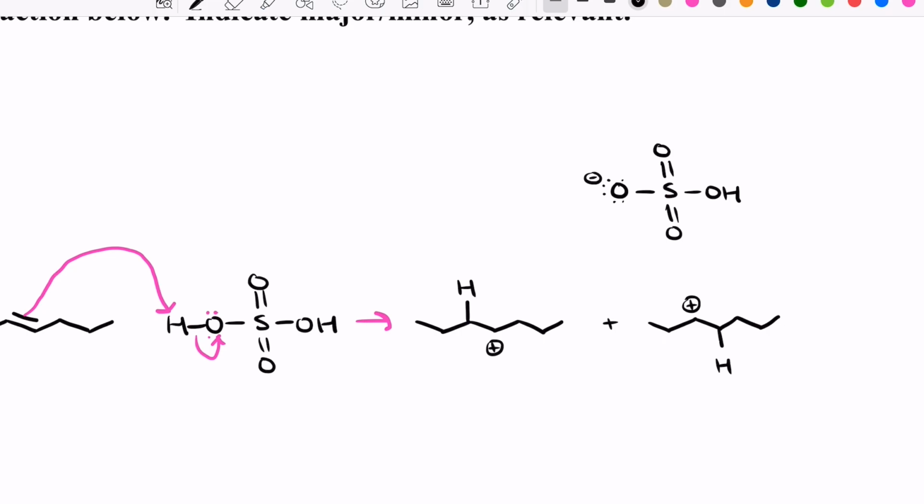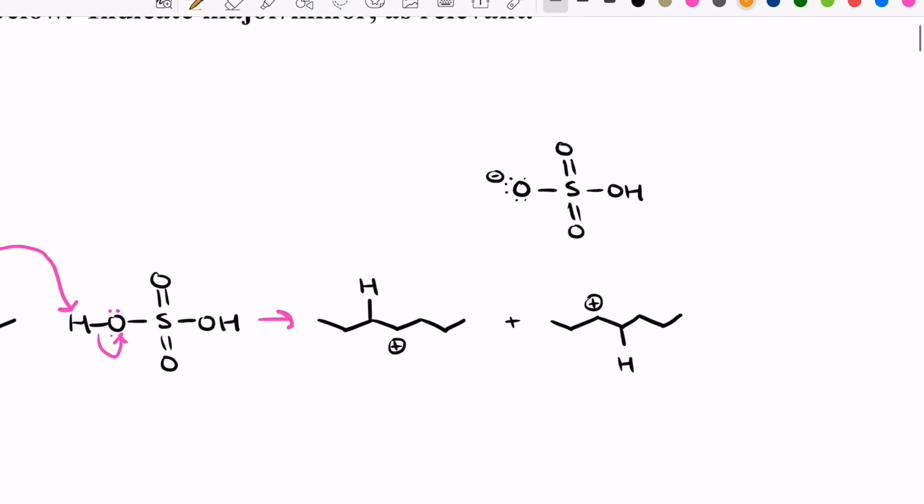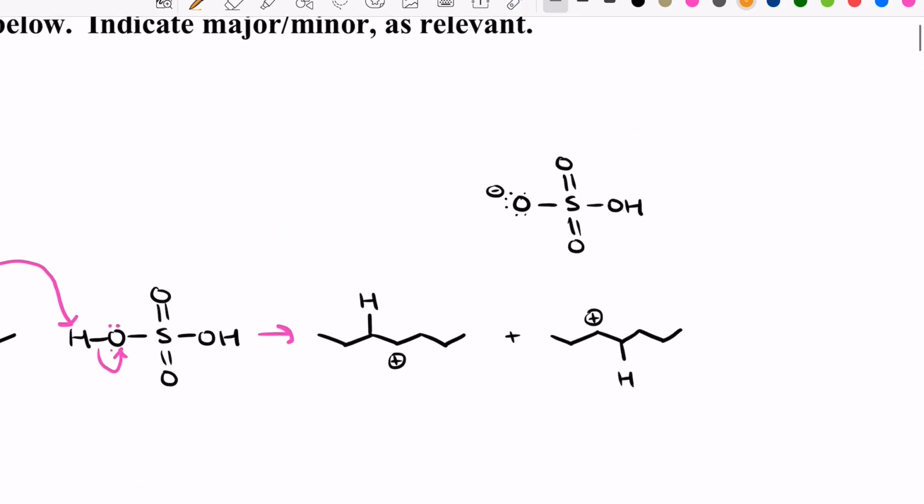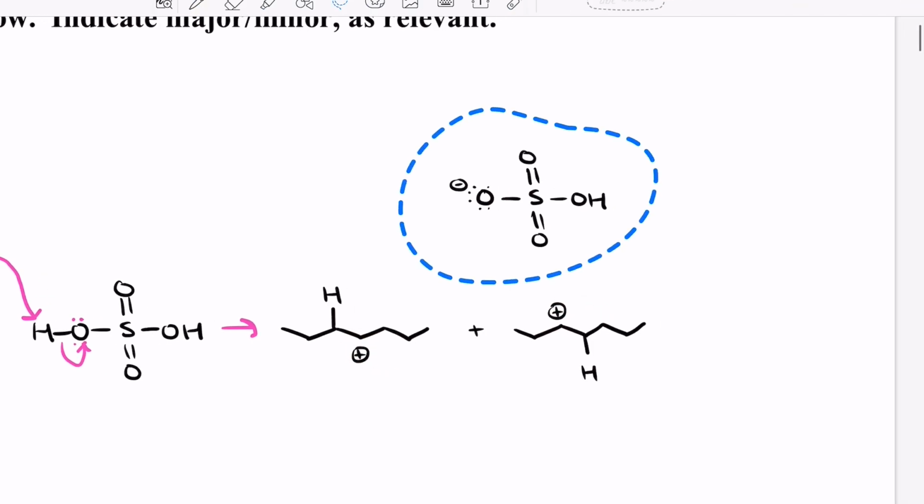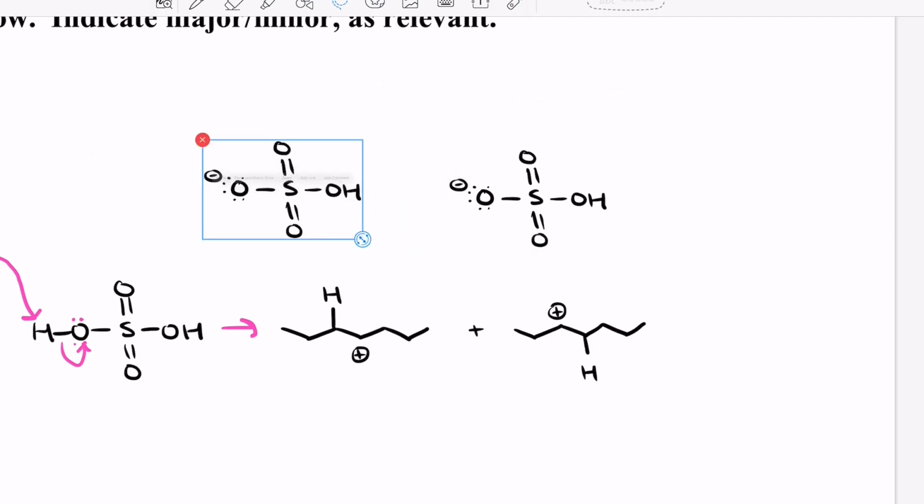Alright, from here, you have your nucleophile, which is our O minus right here. And then we have an electrophile, which is our carbocation. So I could redraw, here I'll just do this so it's easier for you guys. Copy, paste, copy, paste.